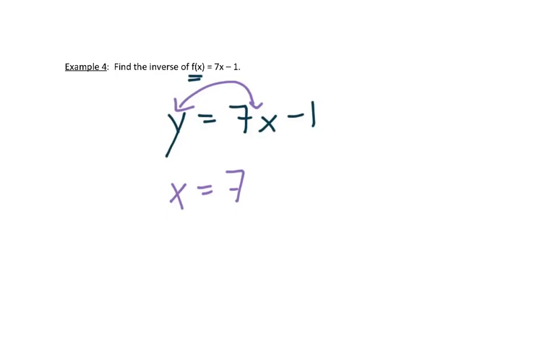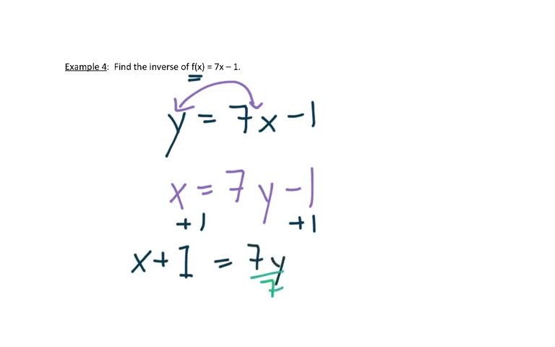So we'll practice that here. First of all, f of x is the same thing as y, so we'll write y equals 7x minus 1. Then we'll switch x and y, so we'll write x equals 7y minus 1. And then we'll solve for y, so we'll add 1 to both sides. That gives us x plus 1 equals 7y.